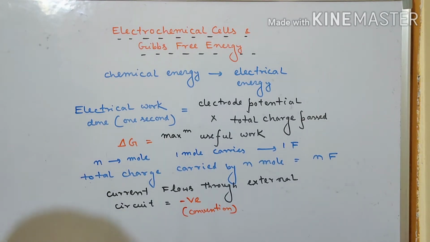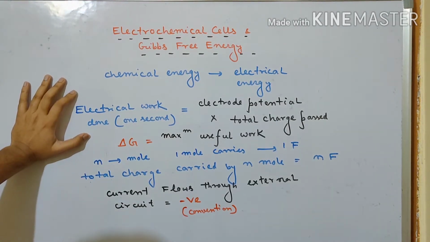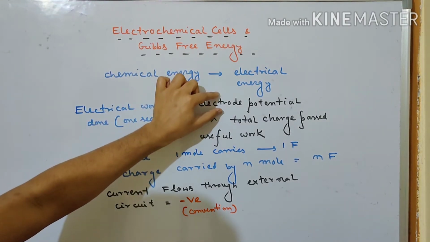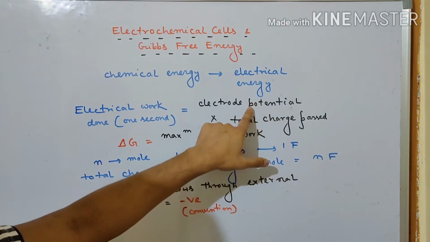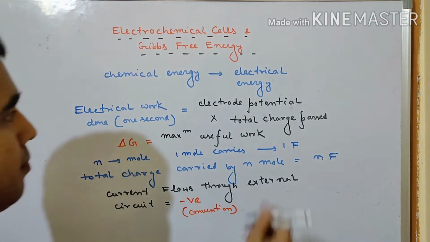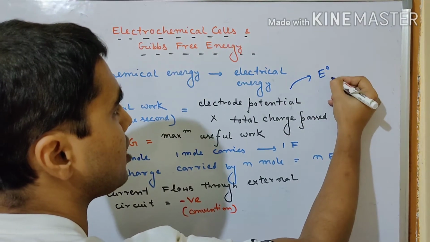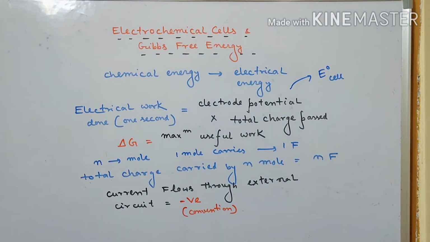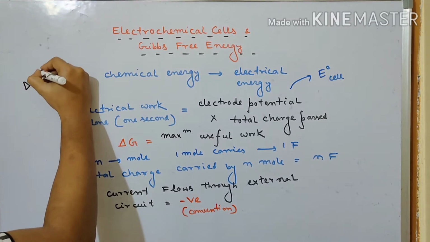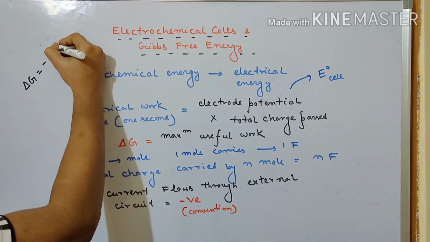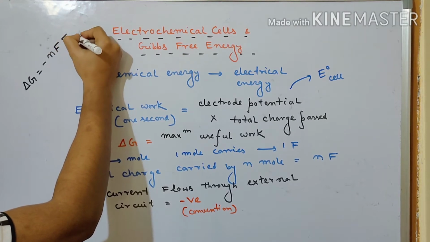So combining these three, as we have already said, electrical work done in 1 second is equal to the electrode potential into total charge. Total charge we have calculated as nF, and electrode potential we designate as E0 cell, right? And there is a negative sign convention. So combining all this, delta G will be equal to minus nF E cell.